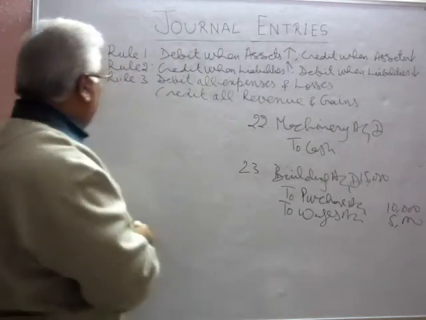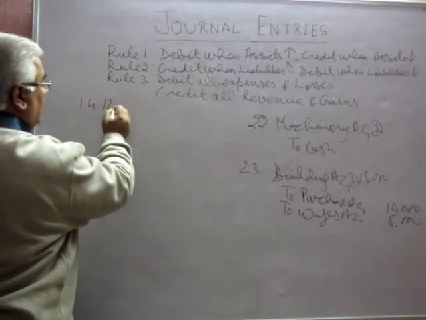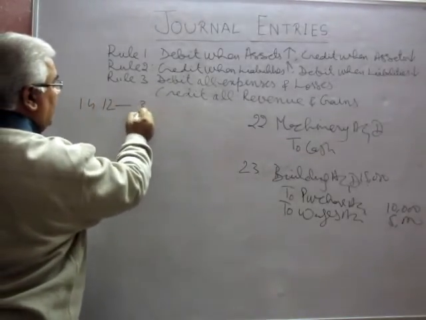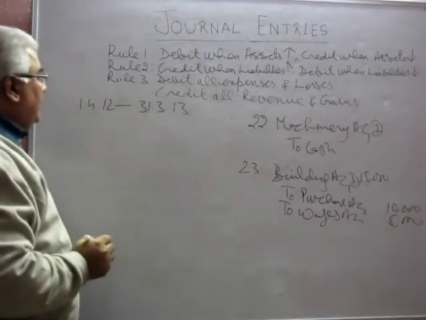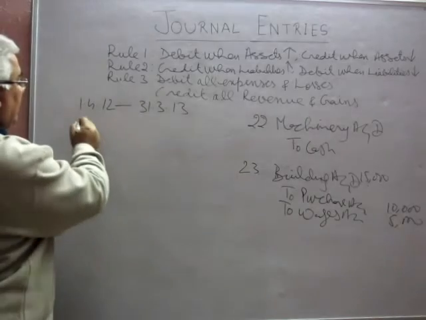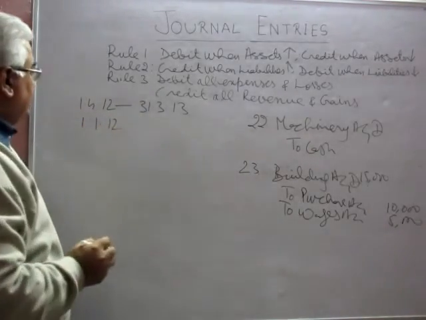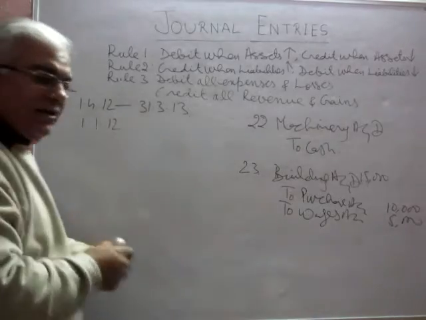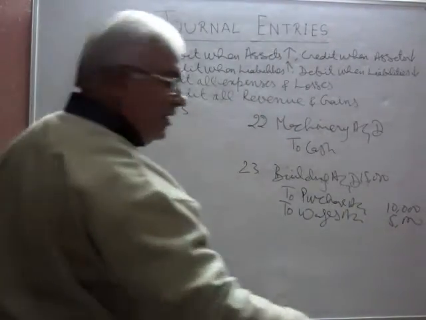For example, your accounting period is 1st April 2012 to 31/3/13. Okay? And you got your insurance done on, say, 1/1/13.